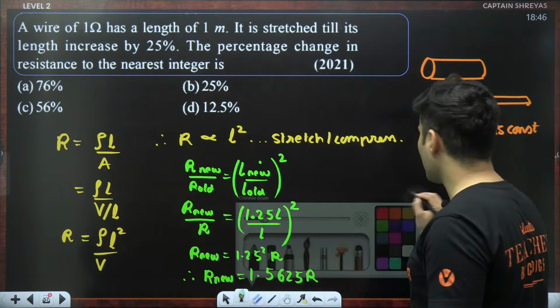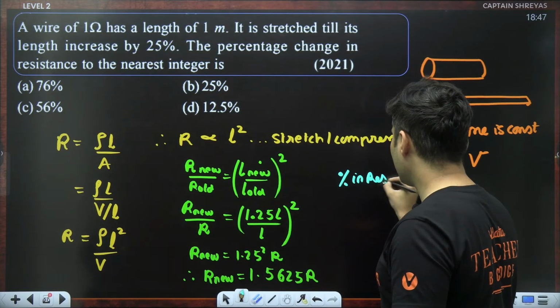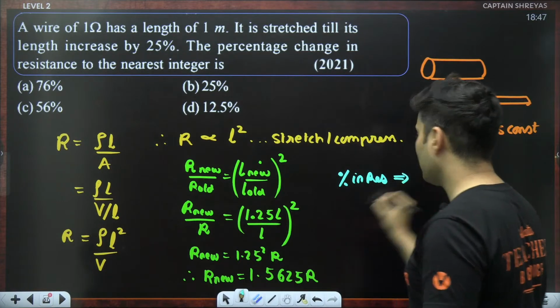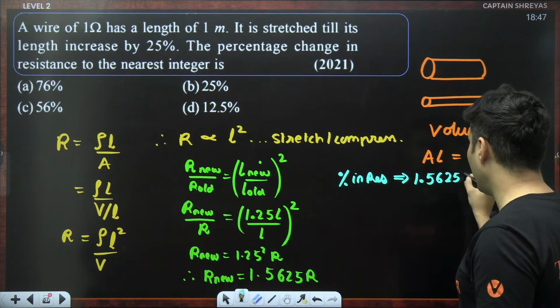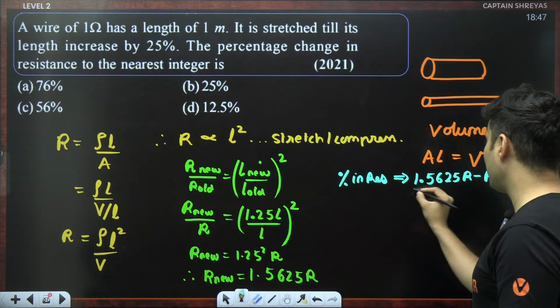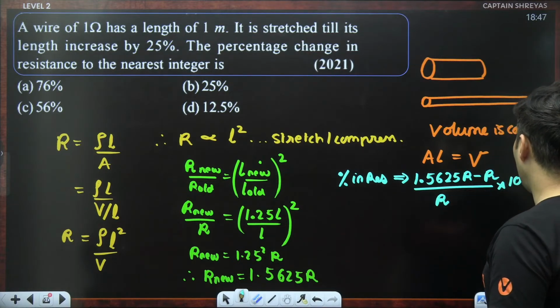So if I now ask you how much is the percentage change in the resistance, the answer will be new resistance, which is 1.5625 R, minus the old resistance upon that old resistance, whole thing multiplied by 100.